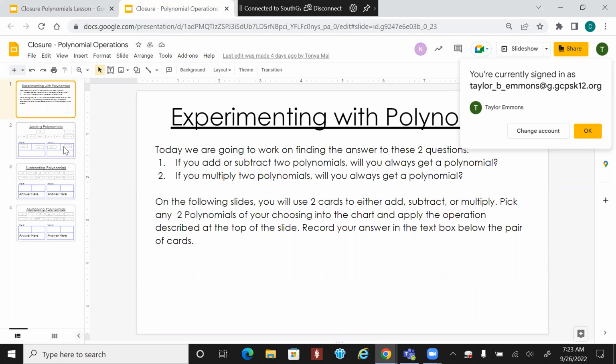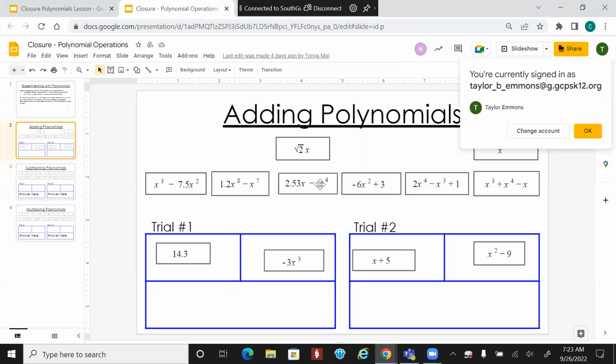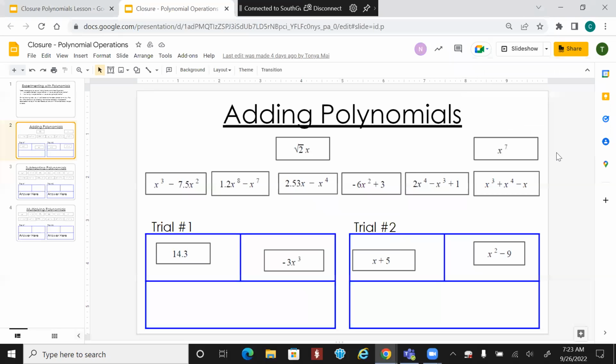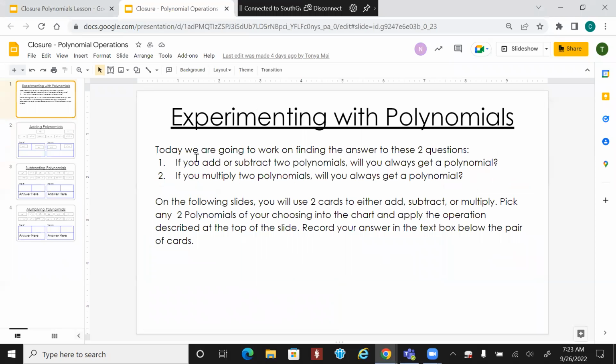We're only going to do one of these, but what you're going to do is take this number and this number, and you're either multiplying, adding, or subtracting. You get to decide. Same thing with trial 2. Okay. I want you to take a moment. You're trying to answer these questions.